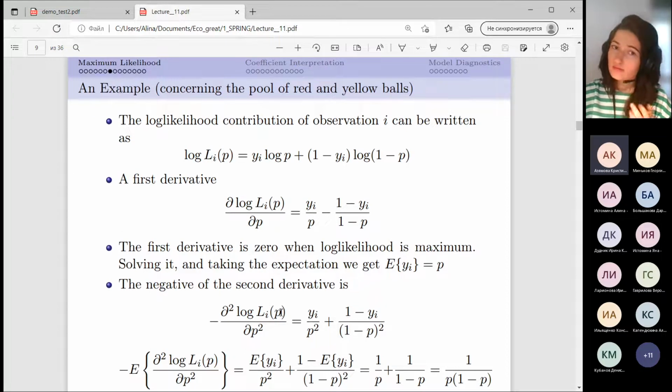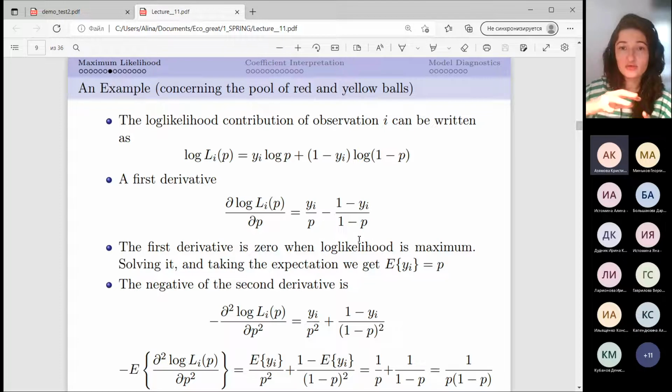The same expression that you just have seen in the example about the blue and red balls. And the first derivative can be found like this one. Do you remember why we need to take the second derivative after the first one?